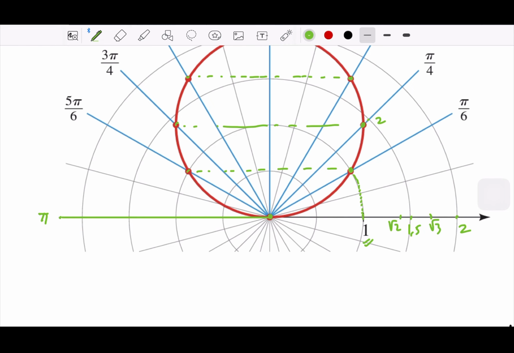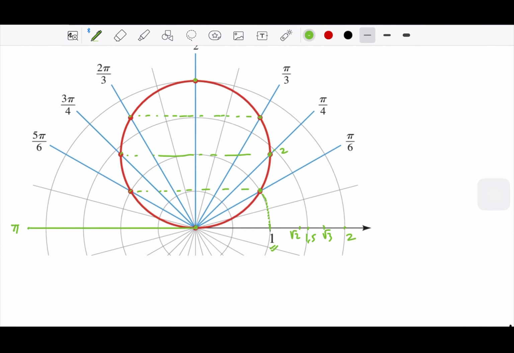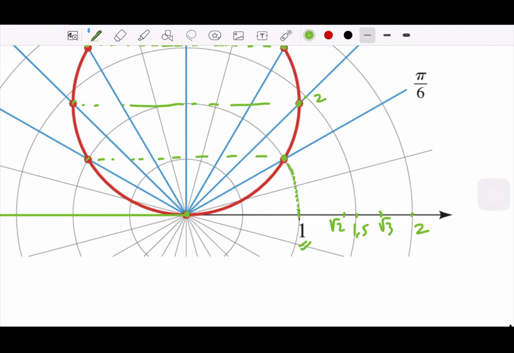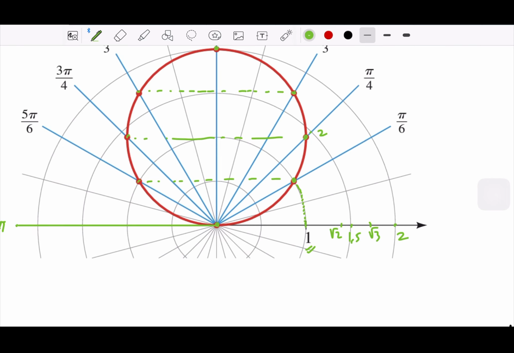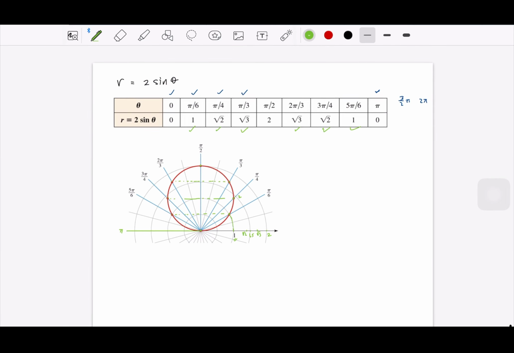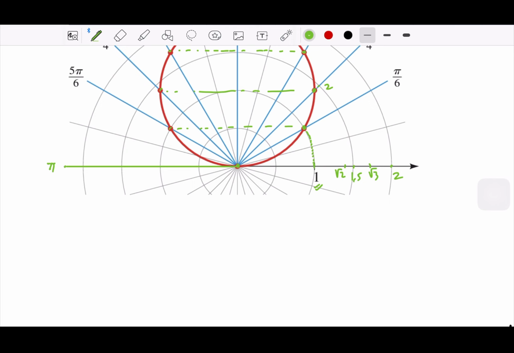This is pi. So when we have pi, the radius is 0. So we are back to the original equations, or original 0, when theta is 0. We could move to the next part, for example, maybe take another angle from here.